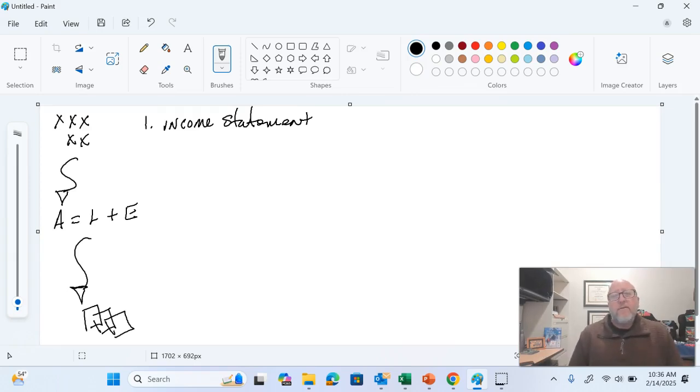So the whole reason that we want to create these financial statements is that we're not wanting to go to a bank or to an investor with a bunch of random information. Investors, lenders, they want to know a couple of things straight off the bat.